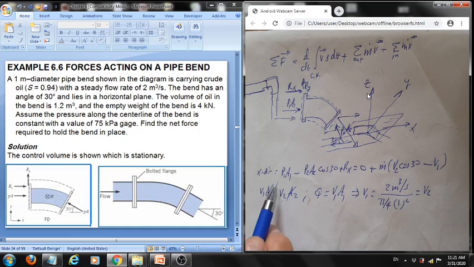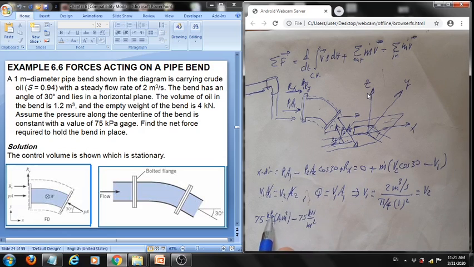Now let's substitute 75 kilopascal times the area, which will be approximately equal to, let's just put area in meter squared, minus, once again, 75 kilonewton over meter squared.